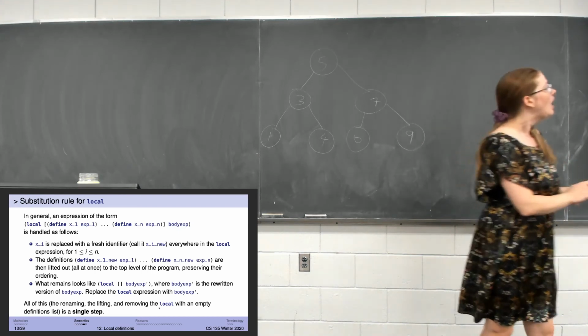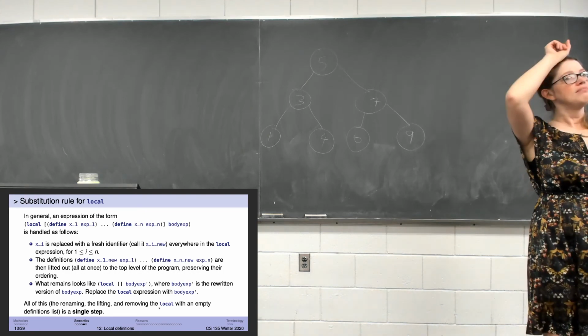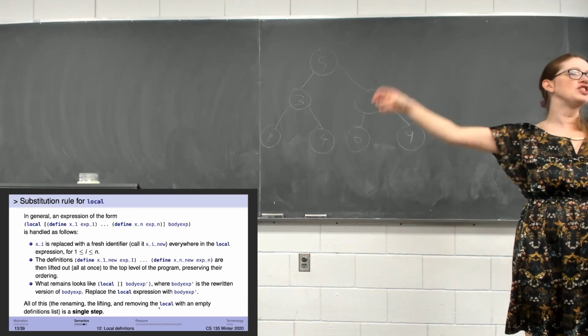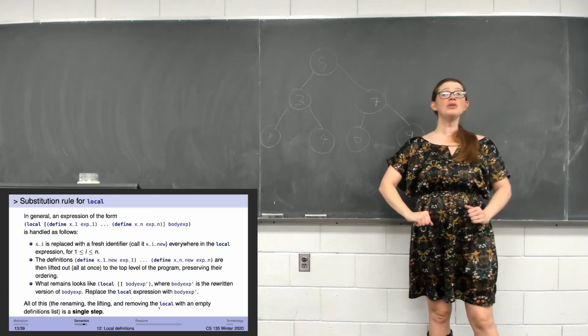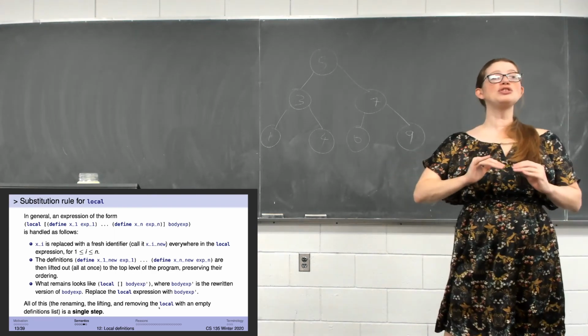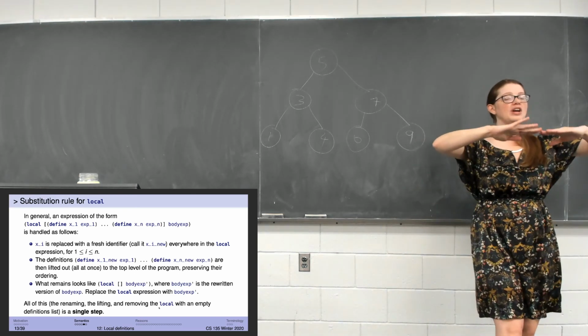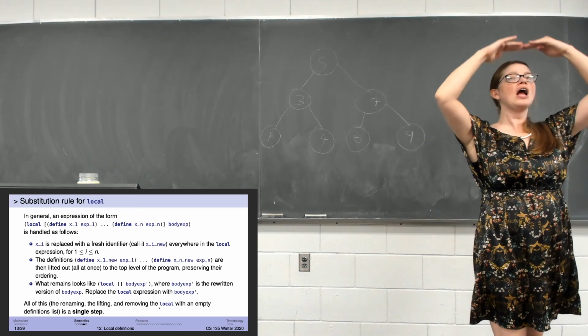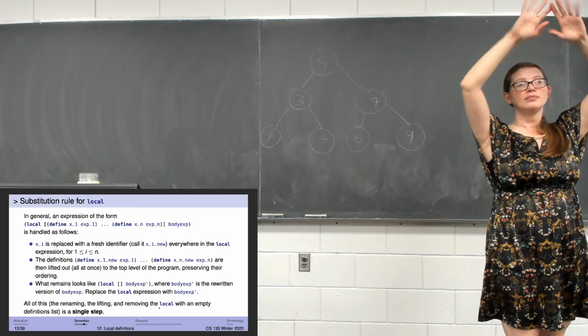Usually we do the old name underscore a number, and then maybe underscore new, or it doesn't matter, something unique. And then, in the same substitution step, after we've renamed all occurrences of everything, we take all of those definitions and lift them out of the local. So they are now at the global scope. Lift them all the way to.